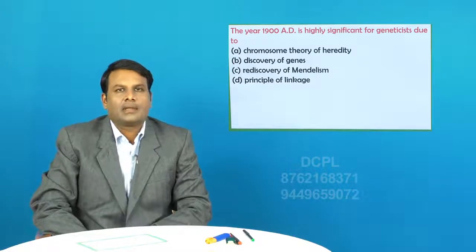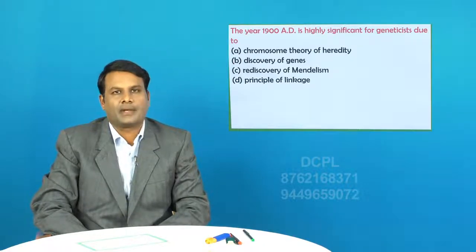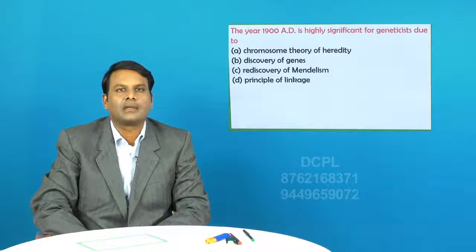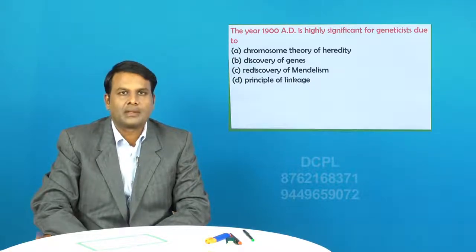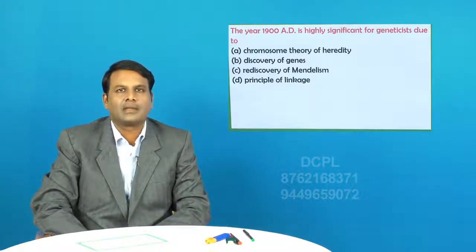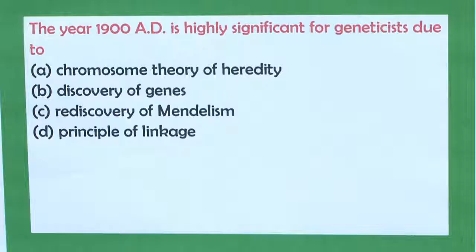The year 1900 is very significant because that is the year the Mendelian principles of genetics were rediscovered by three scientists, Hugo de Vries, Karl Correns and Tschermak. The correct option in this question is option C, rediscovery of Mendelism.